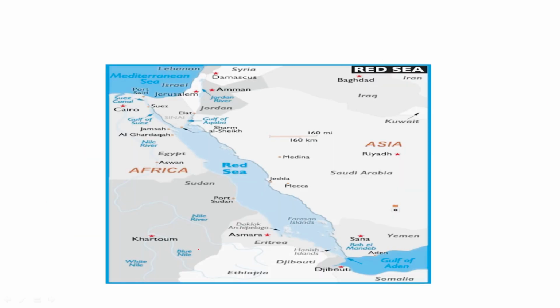You see here how the Suez Canal is functional. This is the Red Sea area, and this is the Mediterranean Sea area. This is Asia, mainly the West Asian region, and this is the African region. So let's take the example that this is the Suez Canal that has created the route all across here.